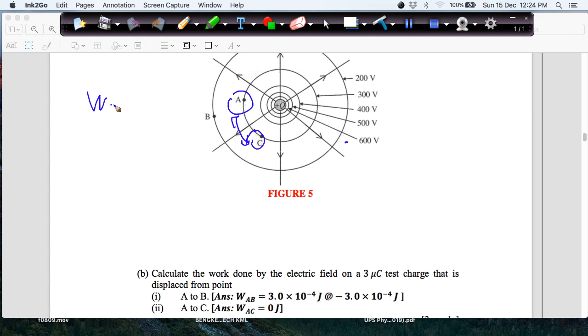If you have the equation Q delta V, because the V at A and V at C have the same value, this is equal to 0. So the work done in bringing the charge from A to C is equal to 0.